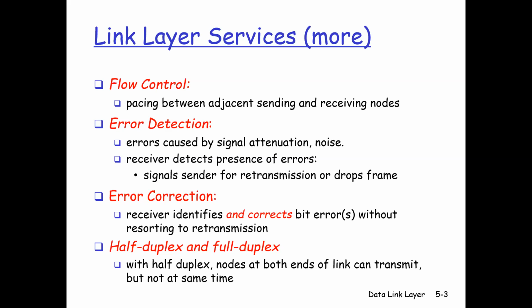Other things that you could do are flow control or pacing between adjacent sending and receiving nodes, error detection and error correction. Detection means that you detect that an error has happened. Correction means that you not only identify that an error has taken place, but you also correct the error without resorting to retransmission.